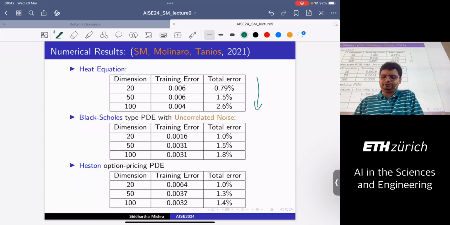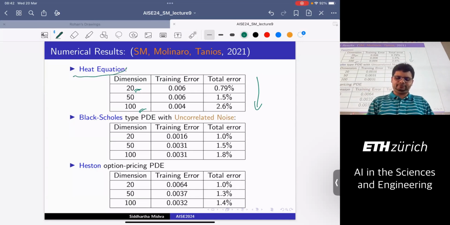Remember that there was a polynomial, not an exponential increase, but it was really polynomial. It was even linear. So between 20 dimensions and 100 dimensions for the same compute time, the error increased by a factor of, I don't know, 4, right? So this is less than even a linear increase. So this is consistent. This was for the heat equation.